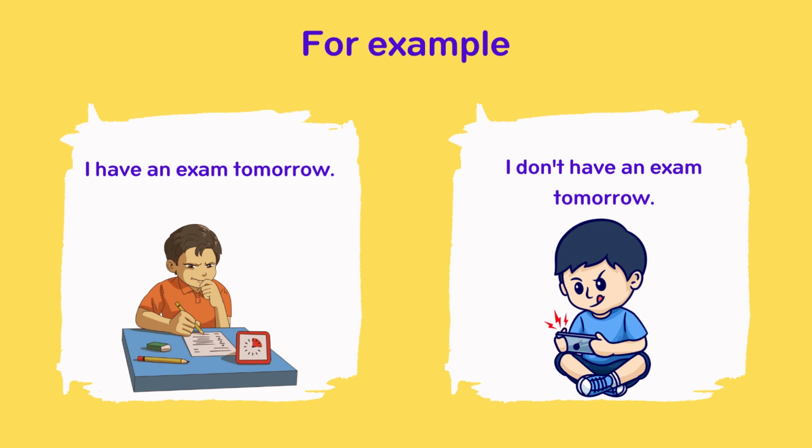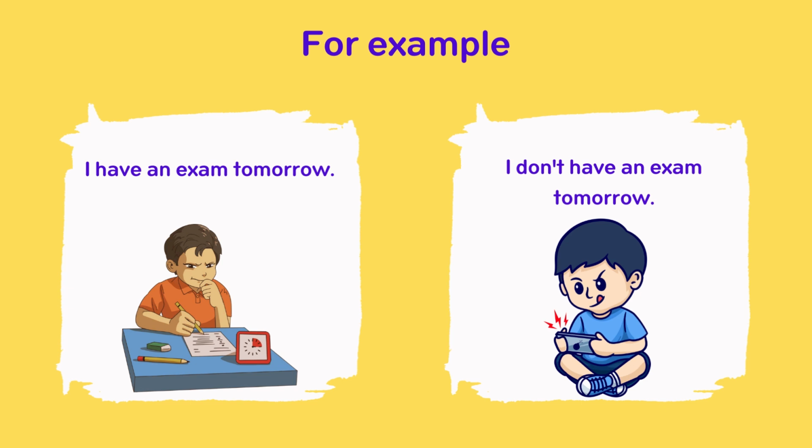I have an exam tomorrow. Easy peasy. We add don't or doesn't before our verb, which is have or has. Here we have I, so we just need to add don't before our verb have.